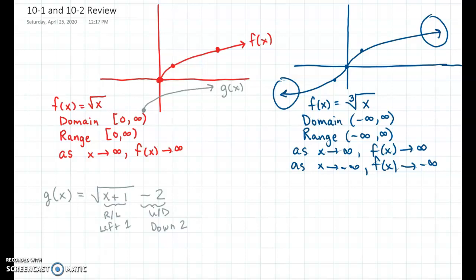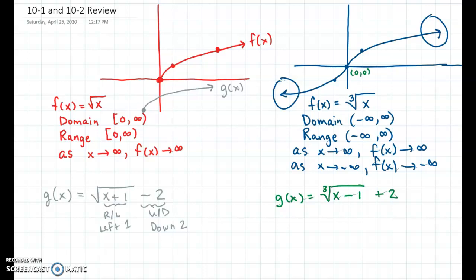If I want to translate the cube root function, I would translate it with the same kind of principle. Anything inside the radical sign is going to be a right or left translation, let's say minus 1 here. And anything outside of the radical is going to be an up or down translation. So for the graph of G, the point that I recommend you move again is this 0, 0 point.